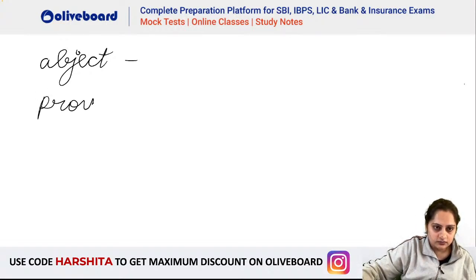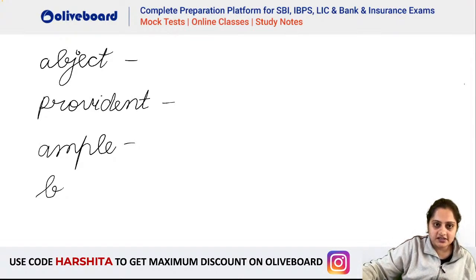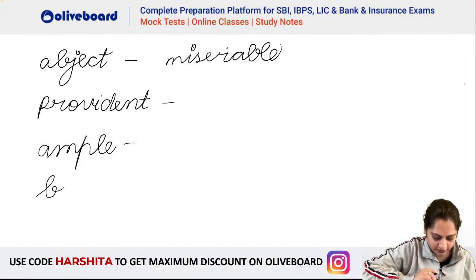Provident. Ample. Have you started giving? Just give me 5 meanings. Yeah. Like Gargi has said, abject poverty we say very bad, miserable. Okay. What is provident? Who will tell me? Provident.